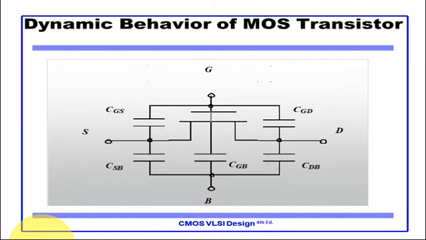these all junctions are reverse biased. And you know that any reverse biased junction forms a depletion layer, and the depletion layer acts as an insulator because it is a place with no charge.